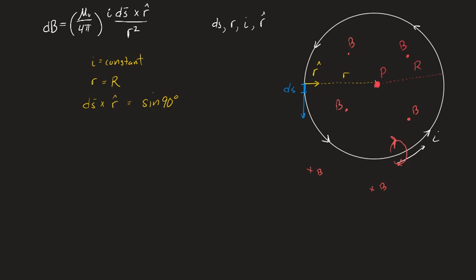R hat just contains the direction from ds to our point in space. So the first thing I think we should do after we come up with that is recognize that we could probably manipulate this a little bit now with the information that we have. So let's do so. I can rewrite this to contain how my variables are related.